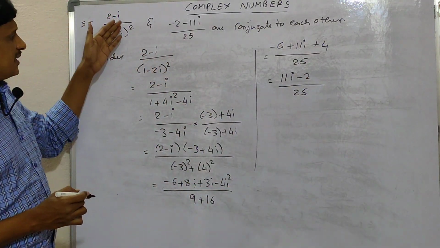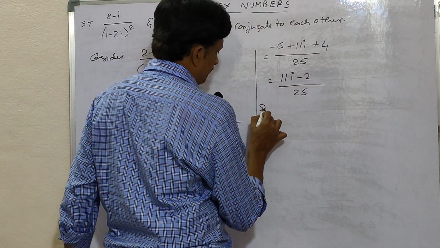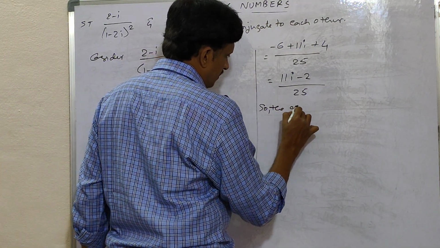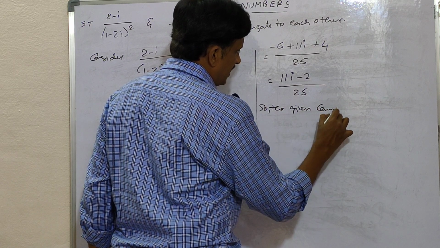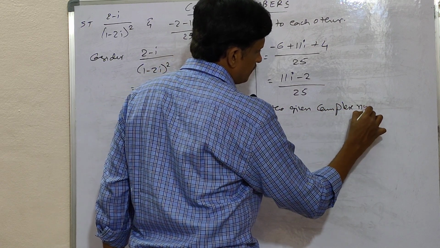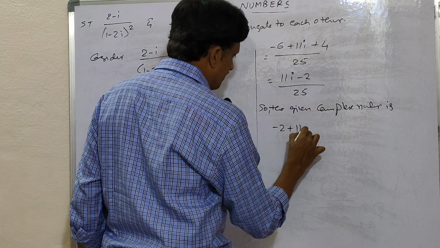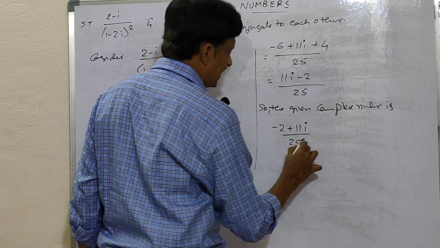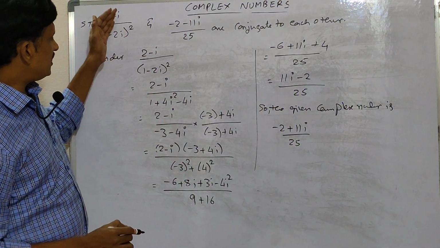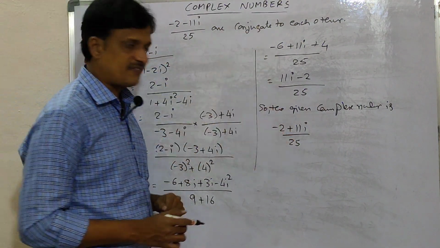So the given complex number is minus 2 plus 11i by 25, meaning we considered the first complex number and wrote it in the simplified form.